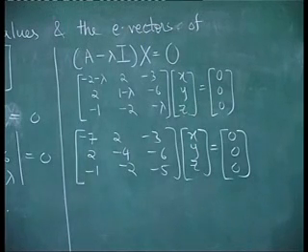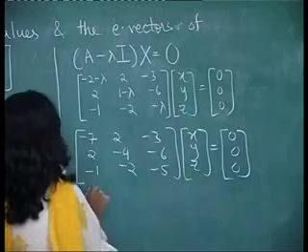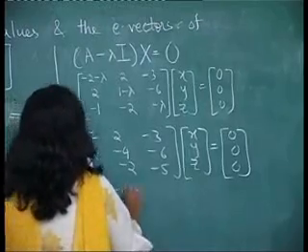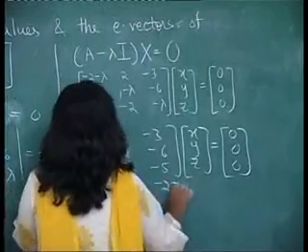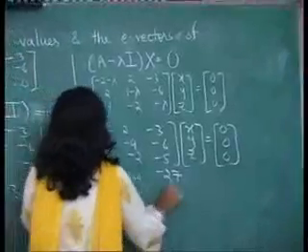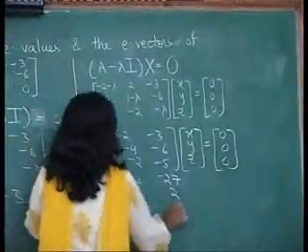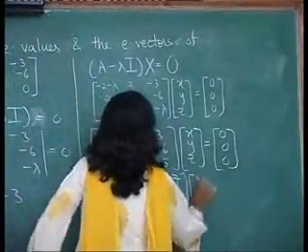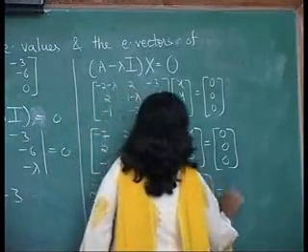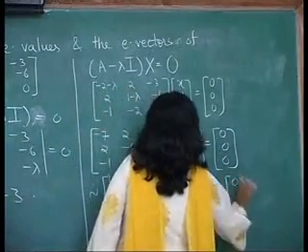If we reduce this matrix, we get 1, -14, -27, 0, 1, 2, 0, 0, 0. This of course remains as it is for a homogeneous system.